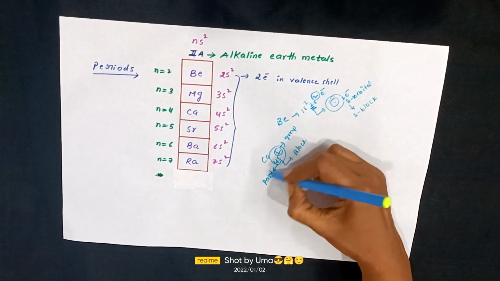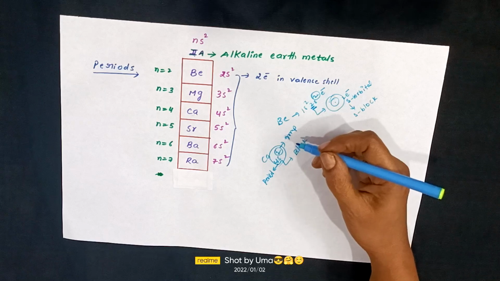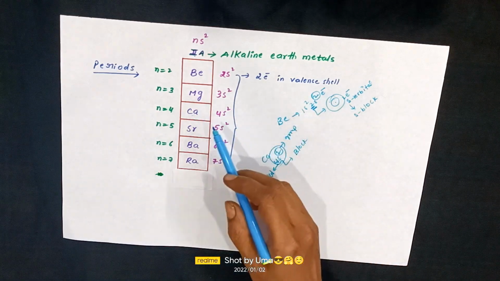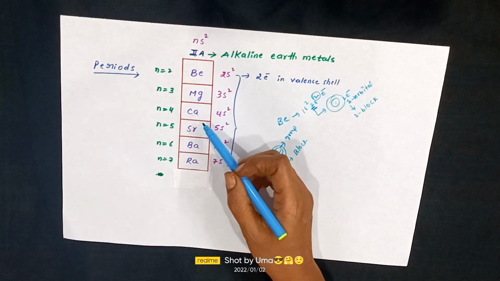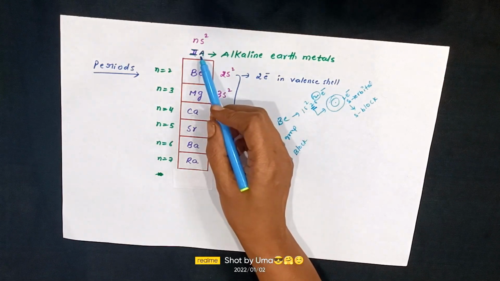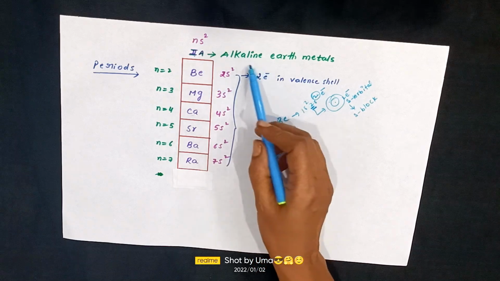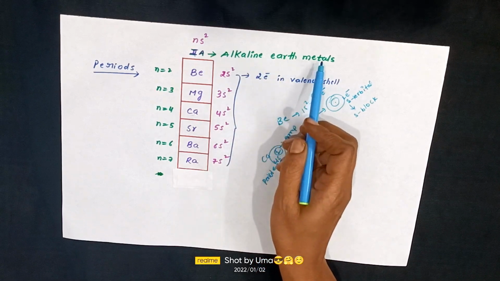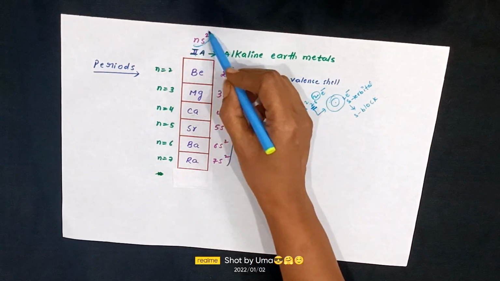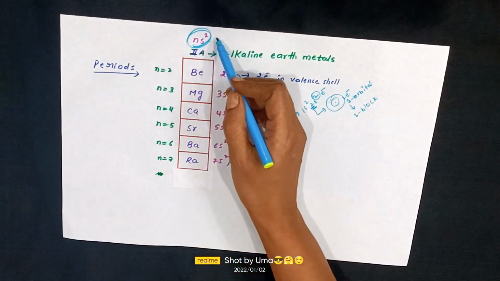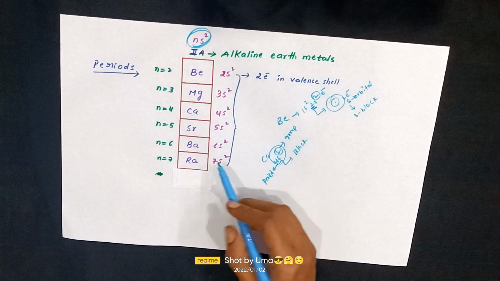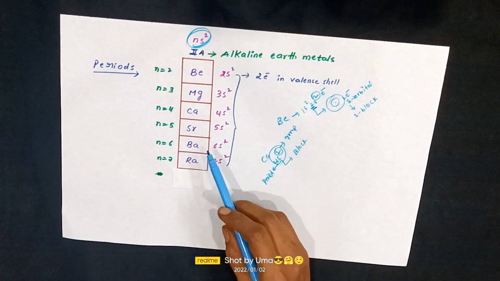So by writing the electronic configuration, you can easily understand where an element is located in the periodic table. Second A group elements are also called alkaline earth metals, children, and the general electronic configuration for second A group elements is ns2. So this is about the second A group elements, children.